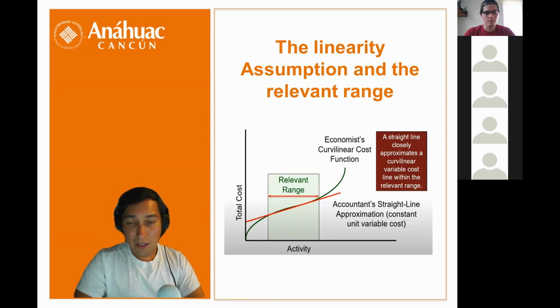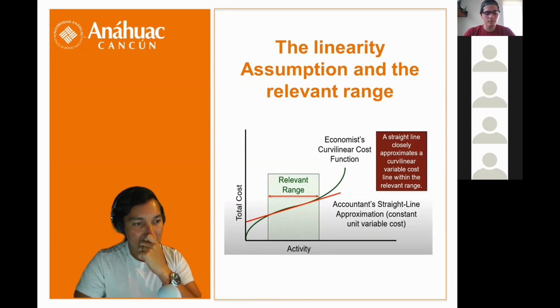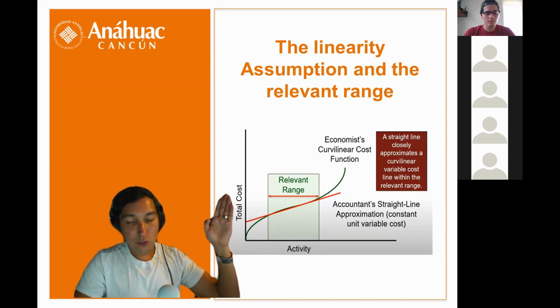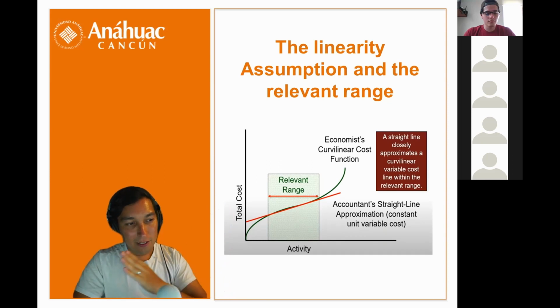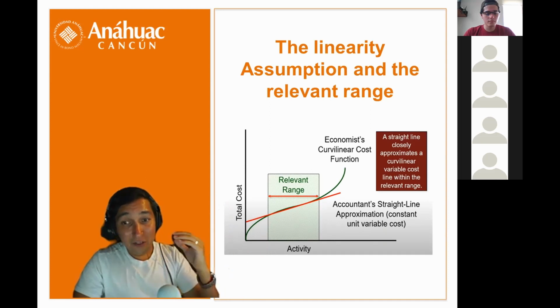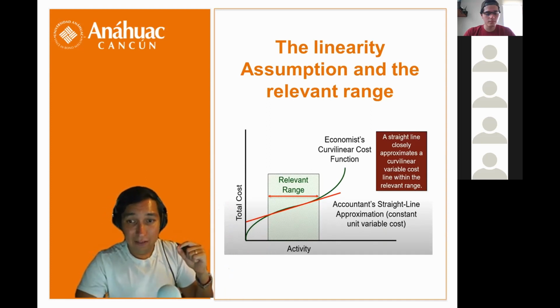So let me take you a step back. We have the total cost on the y-axis, and on the x-axis the level of activity. And the green line here is a curve, right? They call it the economist's curvilinear cost function.